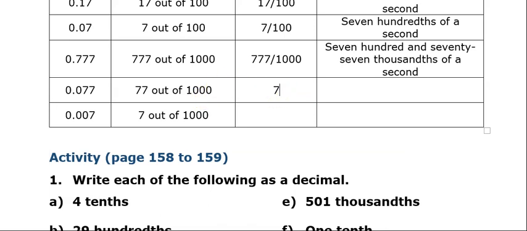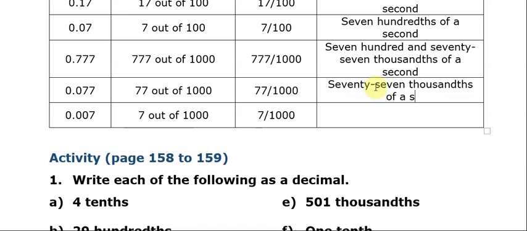Of course, for the fractions, we would have 77 over 1,000, and for the other one, we will have 7 out of 1,000, and we pronounce those as, this one would be 77 thousandths, and in our context, of a second.